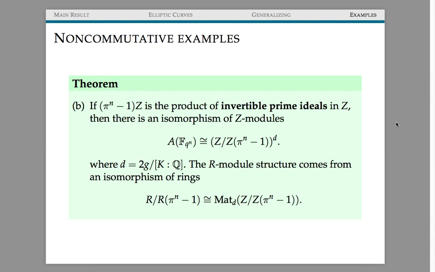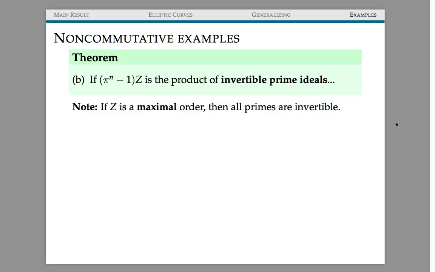In the non-commutative case, here's a reminder of that part of the theorem. We have invertible prime ideals. So remember that if my ring Z is a maximal order, then all primes are invertible. What I mean by invertible is if you can find another ideal so that the product of your two ideals is principal. This is always true for maximal orders, and then you're going to have some trouble as the order gets smaller.